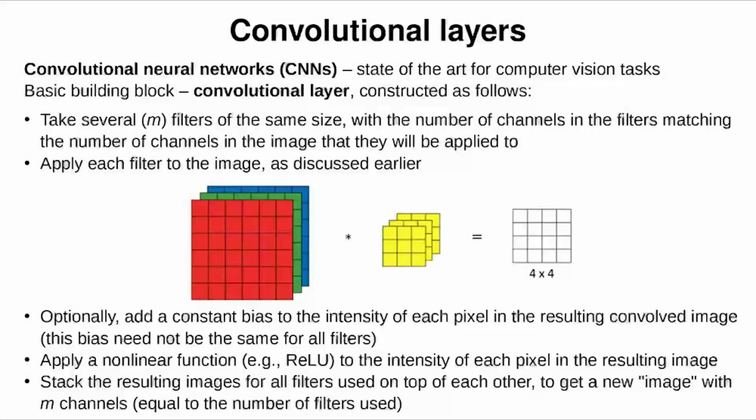In a convolutional neural network, multiple convolutional layers can be used in sequence, along with certain other layer types, one of which we will discuss shortly. The output from a preceding layer is then used as the input for a subsequent layer.